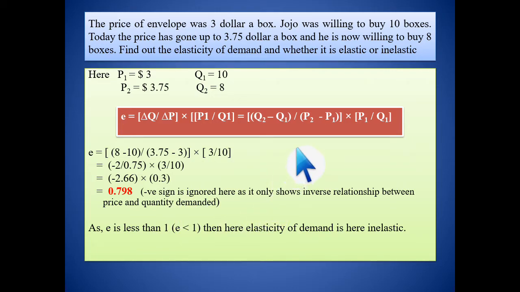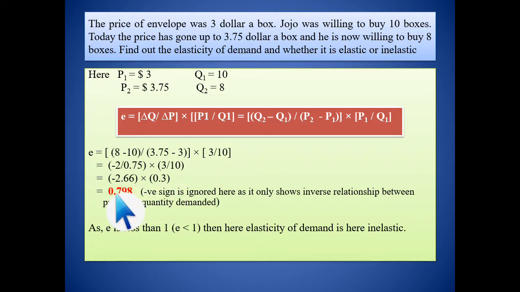In the law of demand I have told you there is an inverse relationship between the quantity demanded and price. That inverse relationship is shown by this negative sign, and it does not have any other meaning. So we have to ignore it, and here is the answer, that is 0.798.